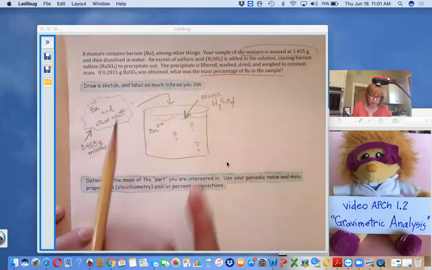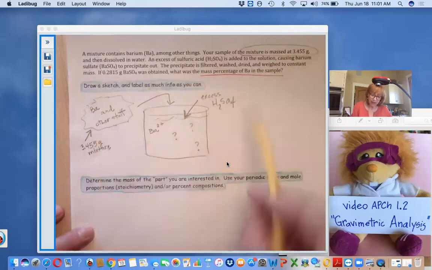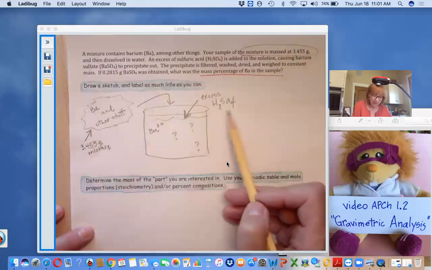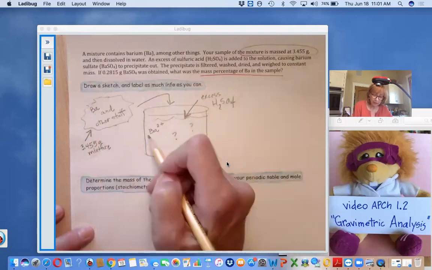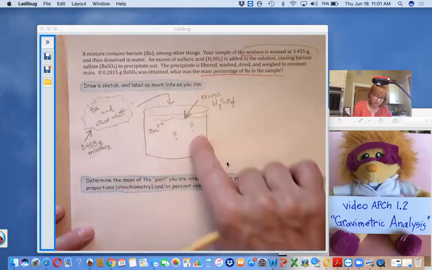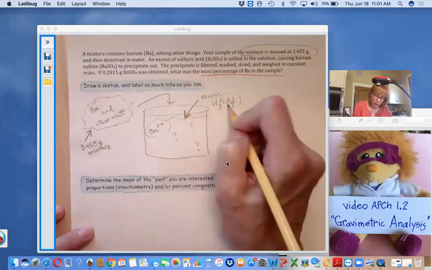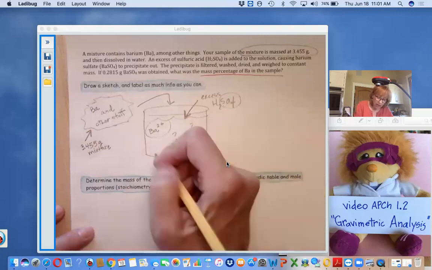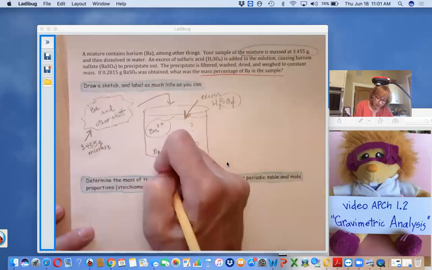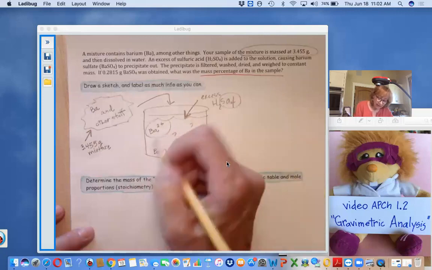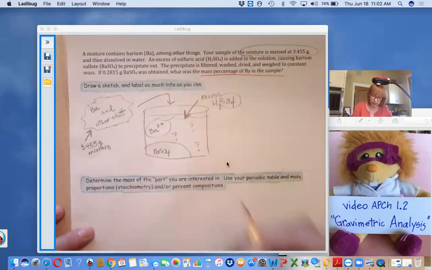That's really important. When we add this particular reactant, apparently the bariums in solution find the sulfates which go into solution, and barium sulfate is an insoluble precipitate.